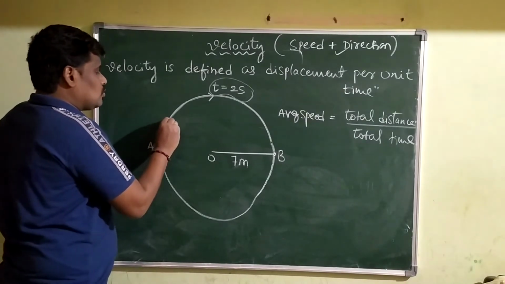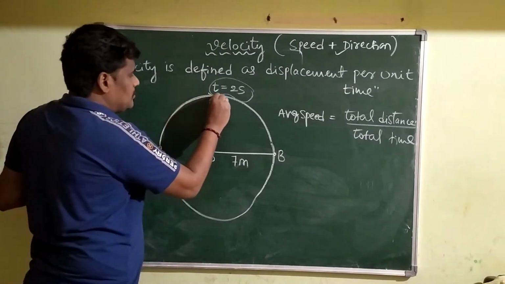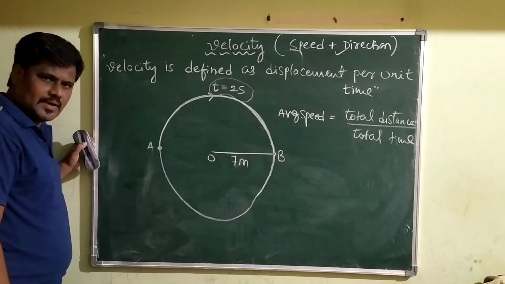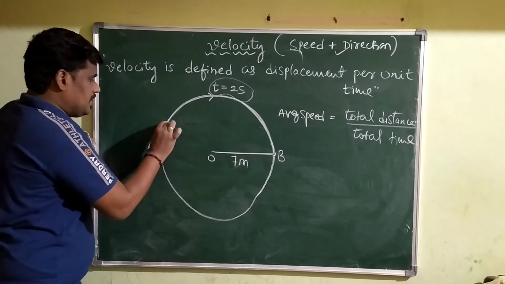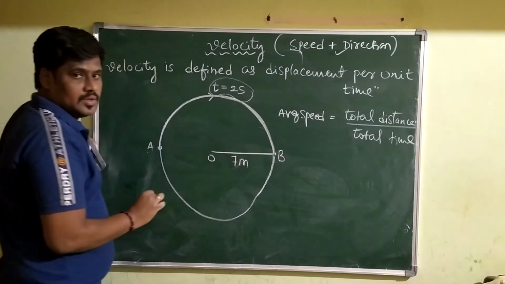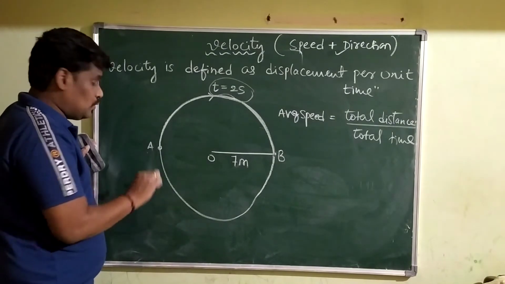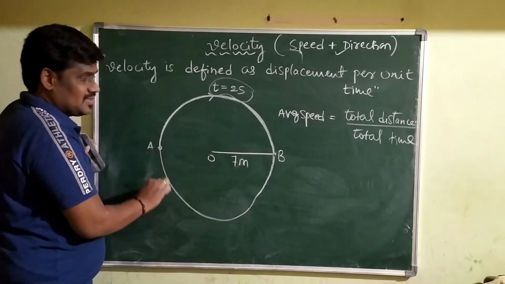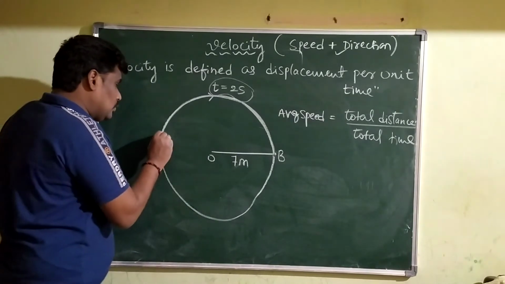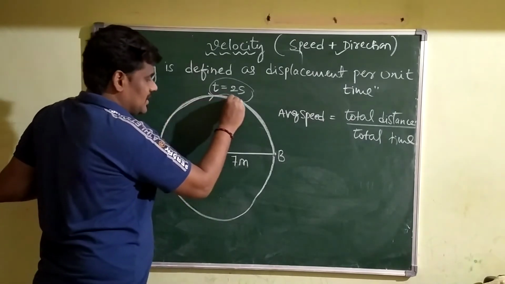Total distance is the total path covered by the body from A to B. How much path is the body covering? The path covered by the body from A to B is equivalent to half of the circumference of a circle, or else it is equivalent to the length of a semicircle.